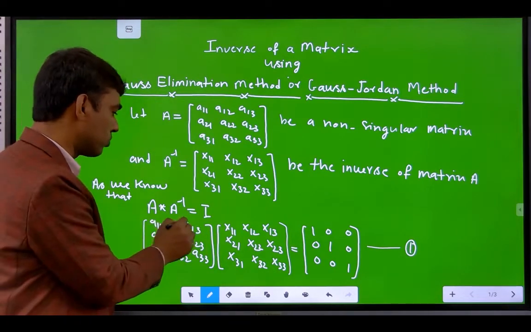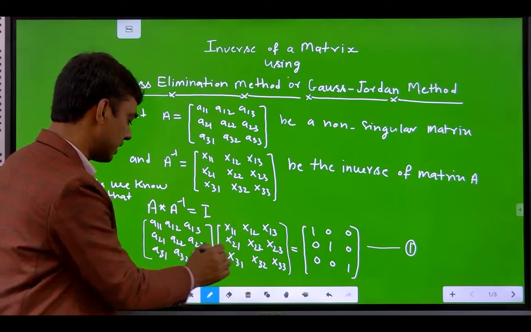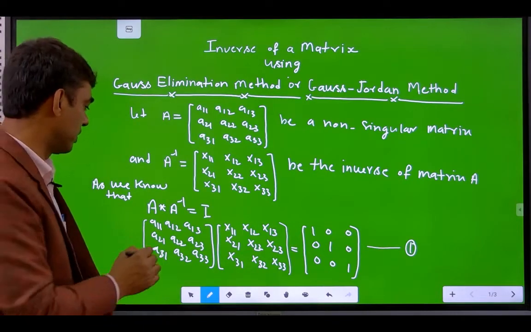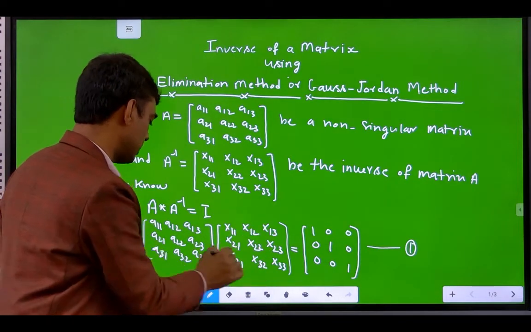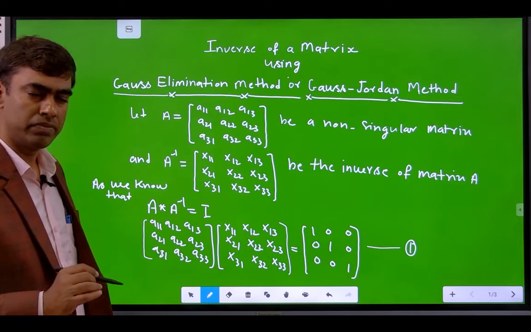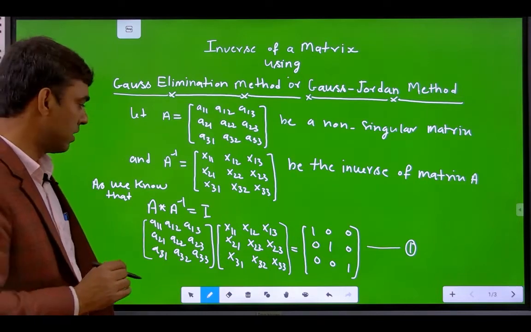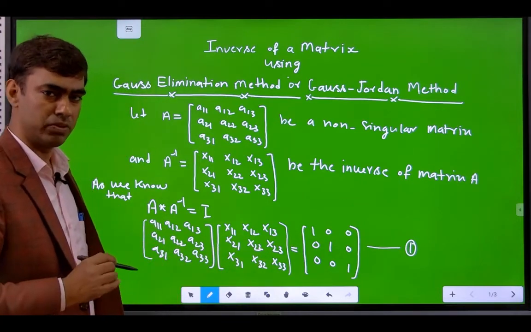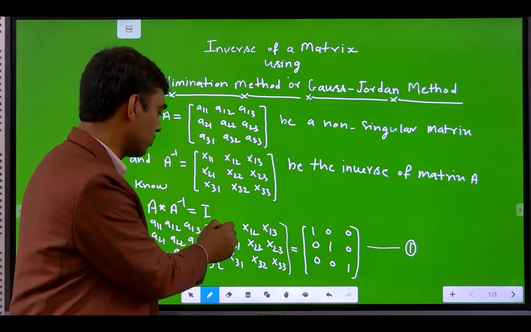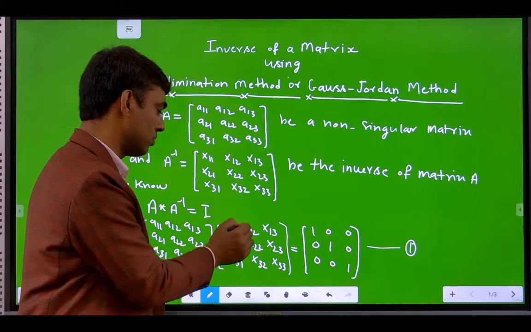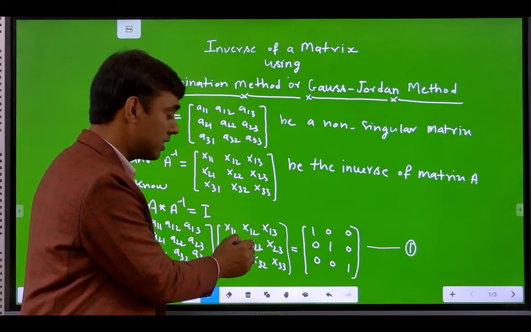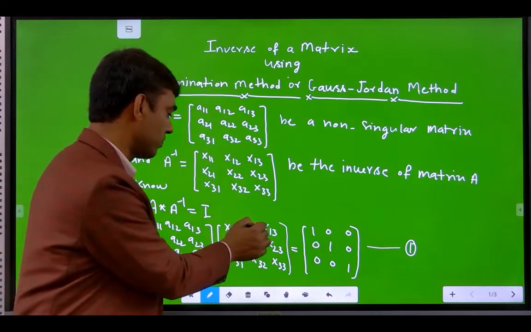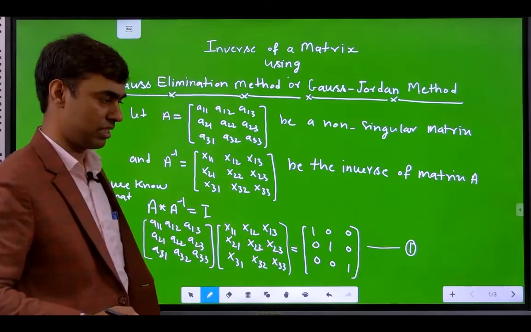If we multiply the rows by the second column, we find a second system of linear equations with unknowns x12, x22, x32. Multiplying the rows by the third column gives a third system with unknowns x13, x23, x33. So we factorize this into three systems of linear equations.